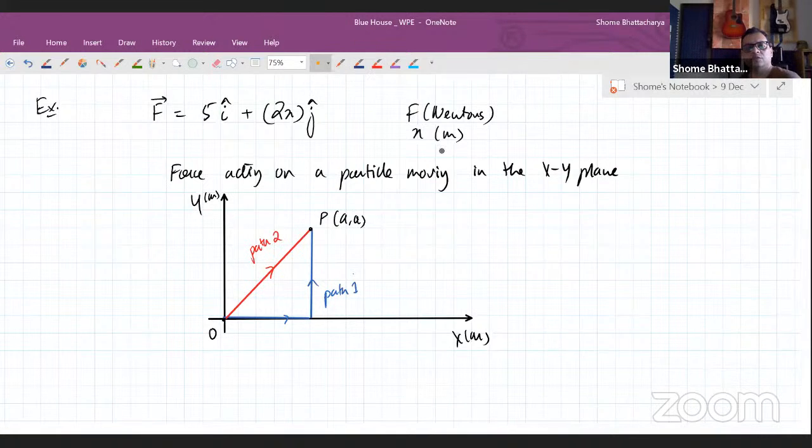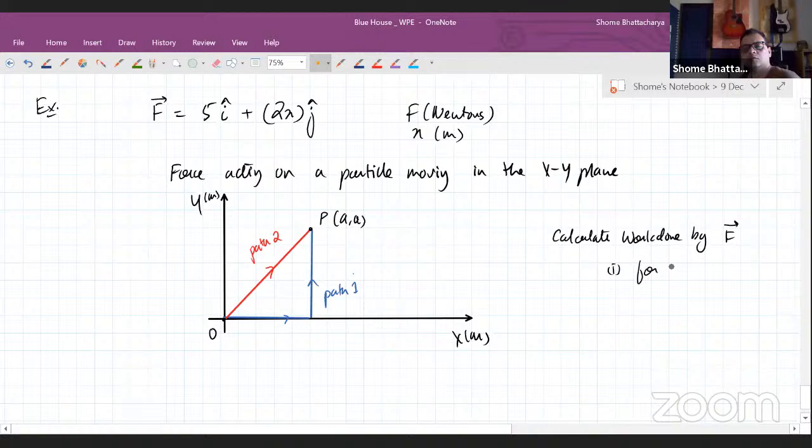So calculate the work done by the force F for path 1 and for path 2. Let's try this out, people.